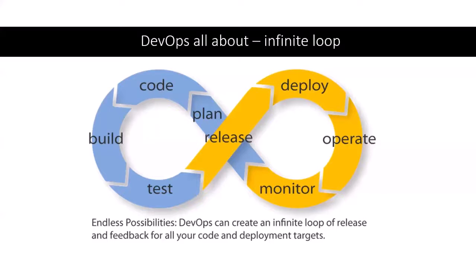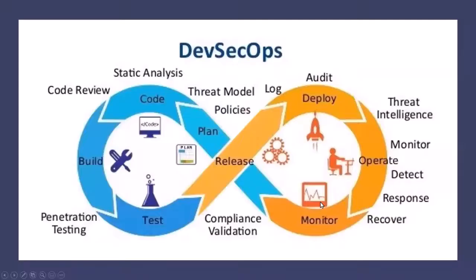So DevOps can create an infinity loop of releases and feedback. All your code and deployments are targeting the final goal of launching the code to live or production. Okay, if you have any questions about DevOps, let me know.